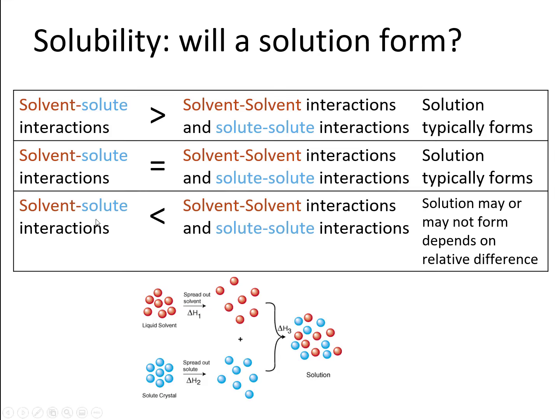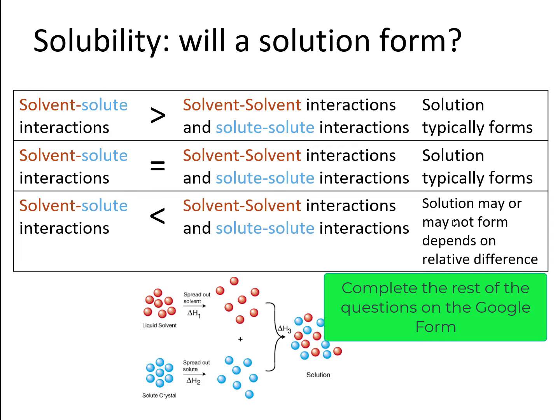If, on the other hand, the interactions between the solvent and the solute are weaker than those between just the solvent or just between the solutes, then it depends on whether or not we're going to see it. It's much more common that we might not get a solution to form, but there are some situations where it does. And in those cases, it's actually driven by entropy, which is something we'll talk a little bit more about next semester. So with this, you'll be able to tackle some of the questions and have a basic understanding of whether or not solutions are likely to form and see the relationship that this has to intermolecular forces.